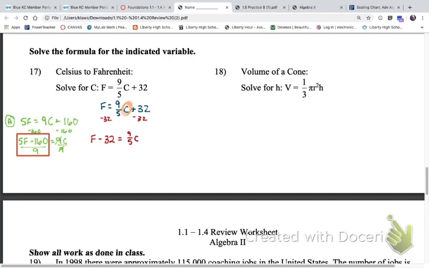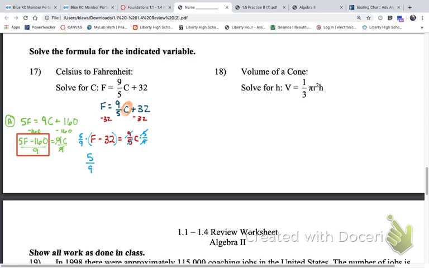So, again, we're at a point where we can do things and have options. We can multiply everything by 5, just like we did at the beginning, or we can multiply everything by 5 over 9. Now, for one like this, like I've said, I'm pretty easygoing.